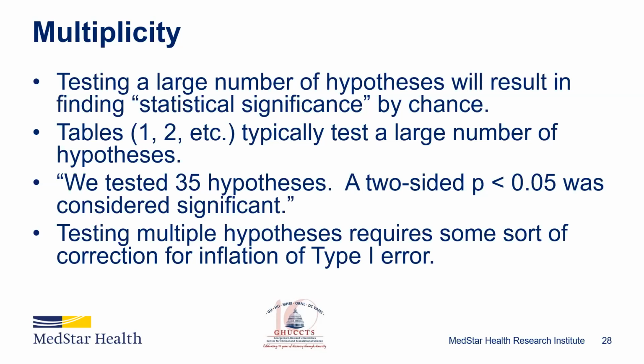The most common way of doing this is what we call a Bonferroni correction, where we take our alpha error rate, our 0.05 in this case, and divide it by the number of hypotheses we're going to test. So if we were going to do 5 different tests, we divide 0.05 by 5 and get 0.01.